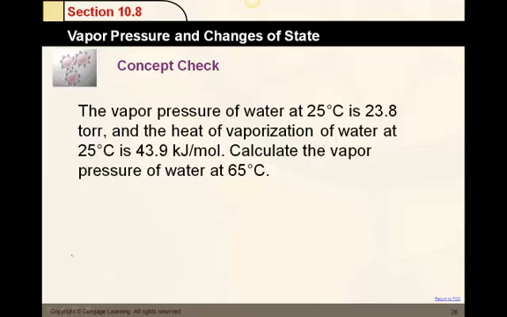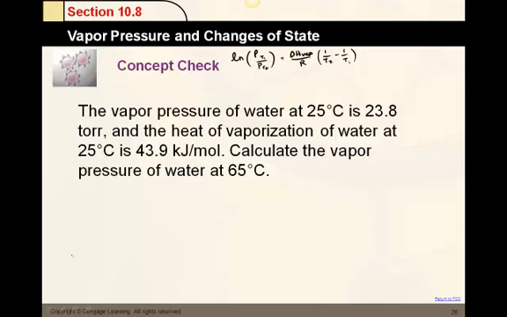So for that, you're going to say Ln of the pressure of the vapor at temperature 1 over the pressure at temperature 2 equals delta H vaporization over R times 1 over T2 minus 1 over T1. And then it's just a matter of plugging in.